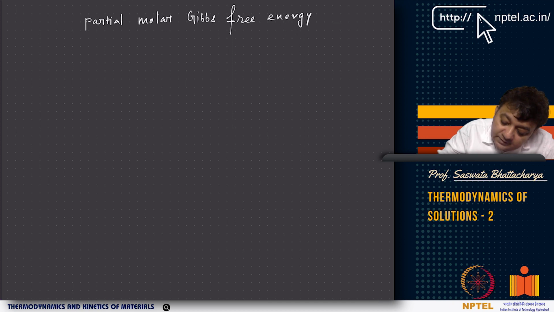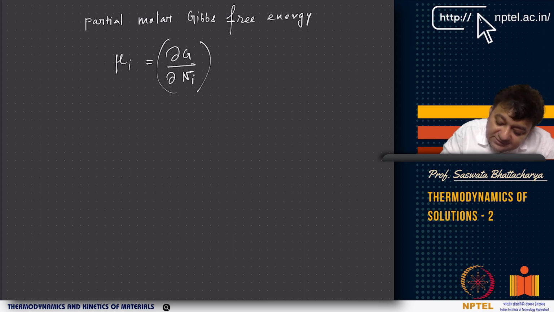We defined mu of component I equals del G del Ni, that is, the change in the total Gibbs free energy with the change in the mole number of component I, keeping the mole numbers of all other components constant. So Nj, which is not equal to I, is constant, temperature is fixed, pressure is fixed.